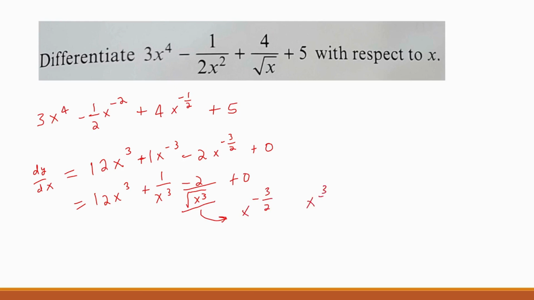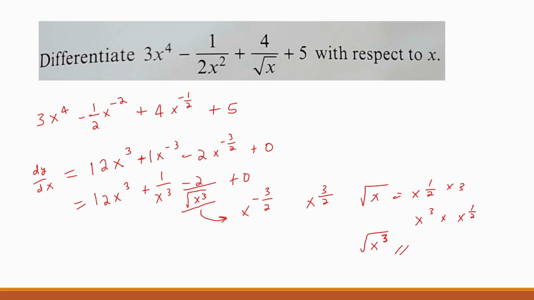So what we are basically discussing is x raised to the power of 3 over 2. As you already know, square root means x raised to the power of 1 over 2, and what you are doing is multiplying it by 3. So basically x cubed into x raised to the power of 1 over 2, so basically just x cubed and square root. This is what it means. Alright, so we have our answer.